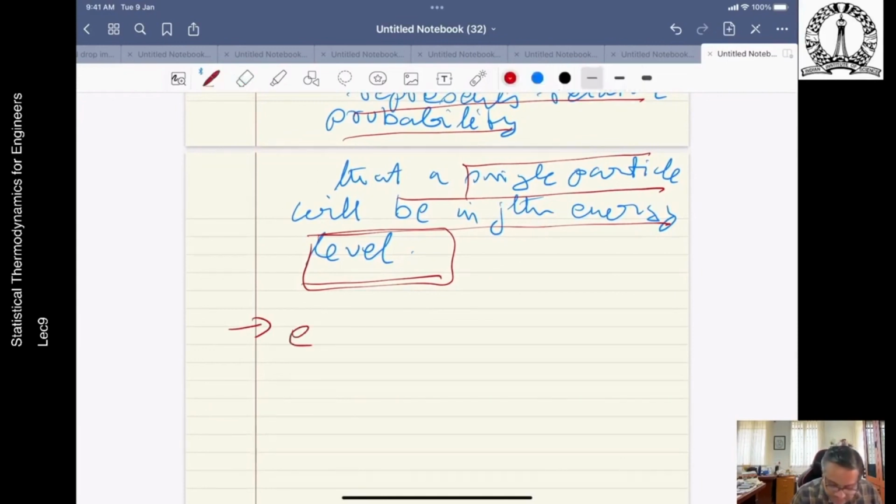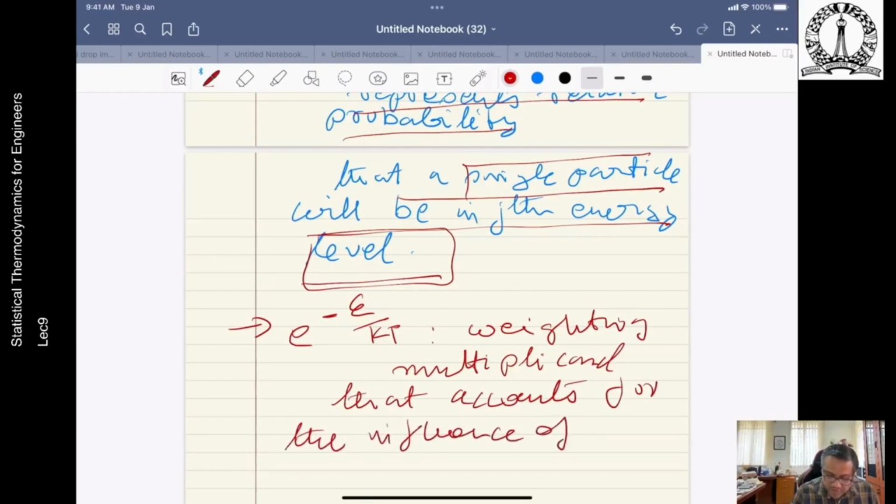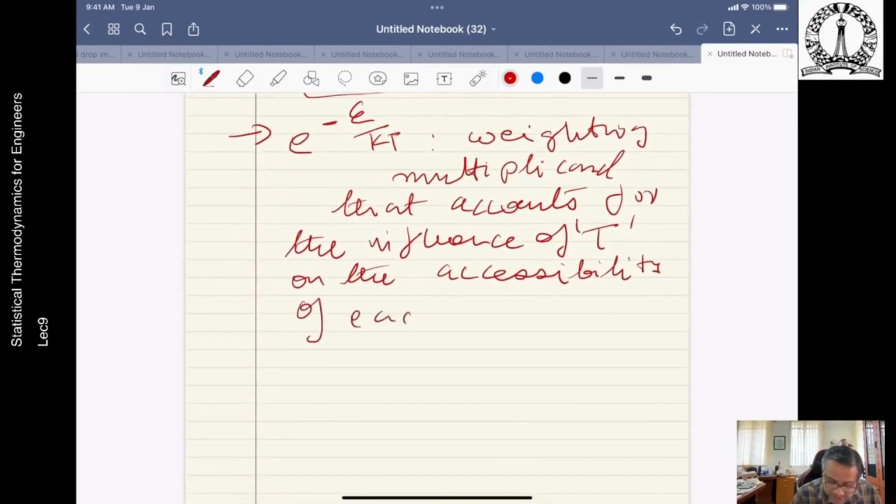This exponential of minus E by kT, which is there in the exponent, is basically like a weighting multiplicand that accounts for the influence of temperature on the accessibility of each energy level.